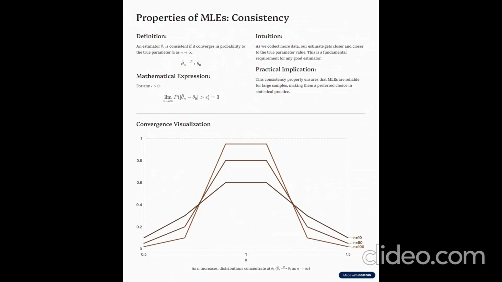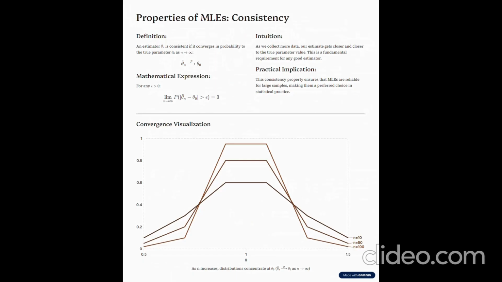Next, properties of maximum likelihood estimators. The first one is consistency. Consistency means our calculated value will eventually settle on the true population parameter as our sample size grows infinitely large.